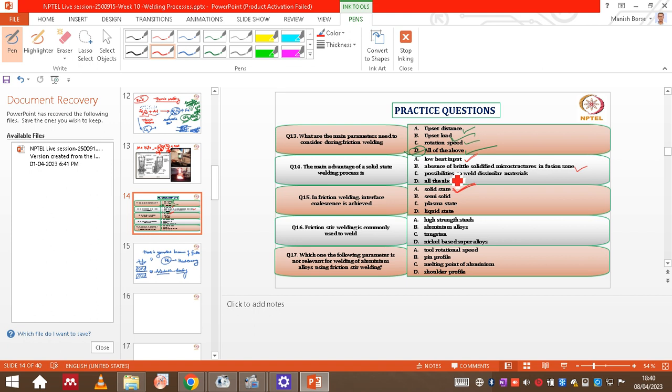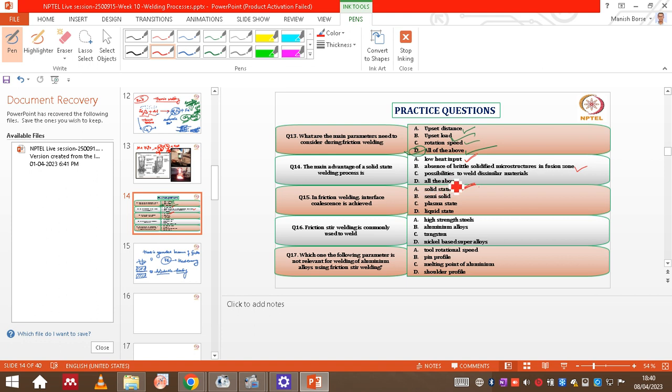Obviously that kind of microstructural feature is not available in solid state welding, because we are not actually melting the metal or solidifying it, so the segregation effect can be minimized here, or completely eliminated.